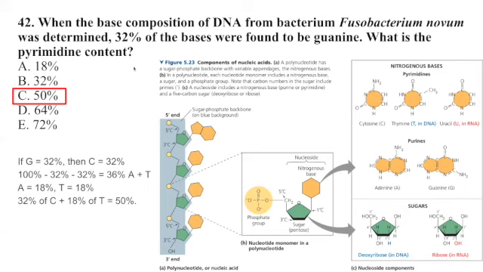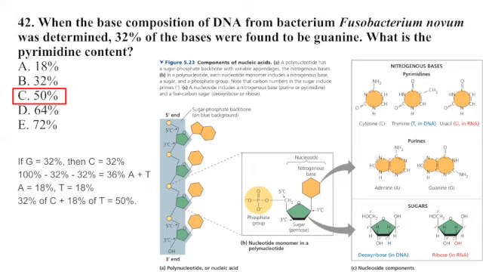Here, pyrimidines are T's and C's, and purines are A's and G's. So if 32% is guanine, then you have 32% of C. And that means that is 64% of the genome, and so you've got the other 36%.